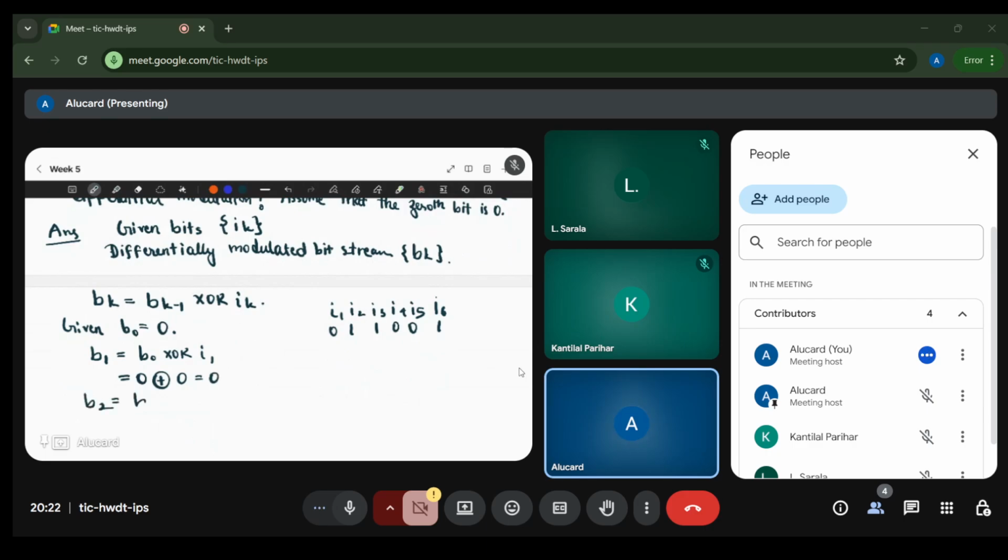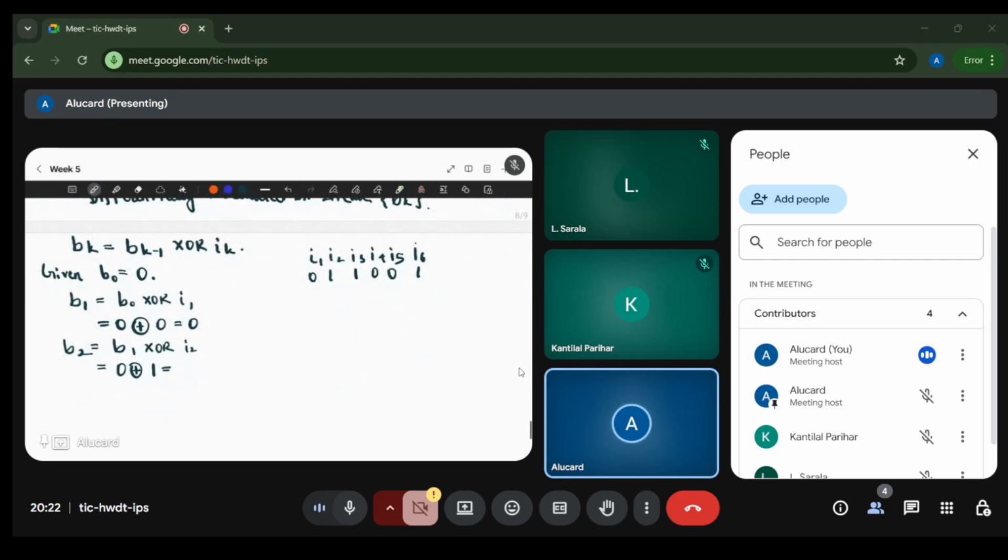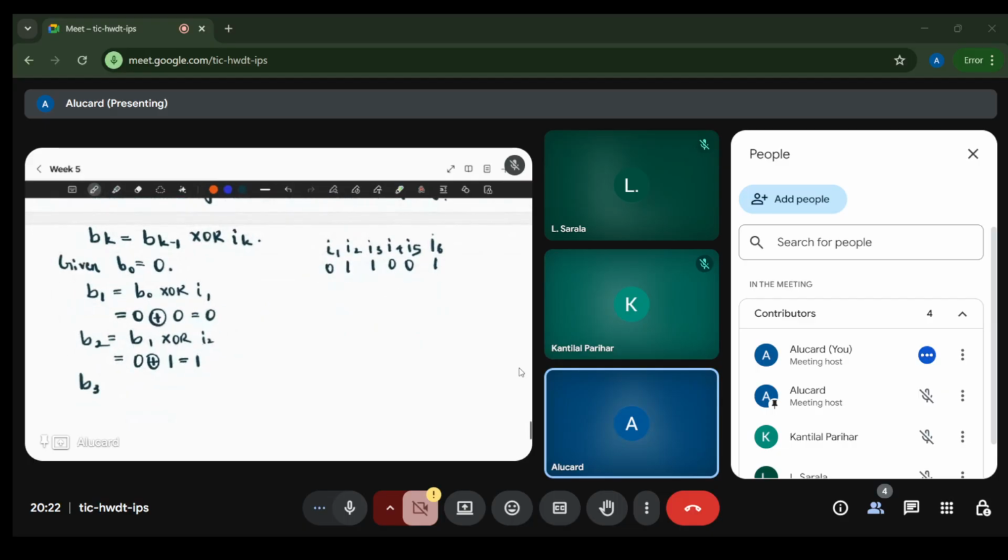B2 is B1 XOR I2. B1 was 0, so this is 0 XOR I2, which is 1. So this is 1. B3 is B2 XOR I3. It's 1 XOR 1, which is 0.